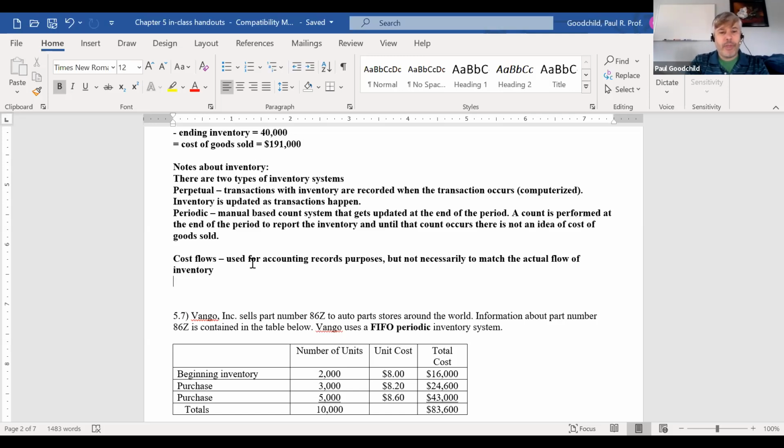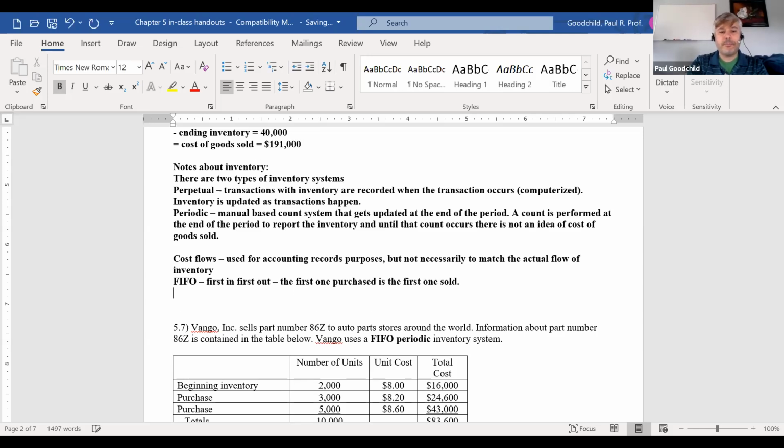And so they have a few methods, FIFO, which is first in, first out. And that means the first one purchased is the first one sold. And then they have LIFO, and this is the last one purchased is the first one sold.